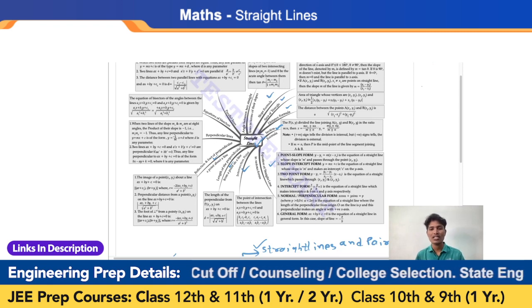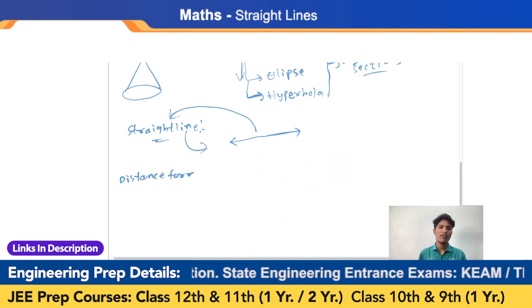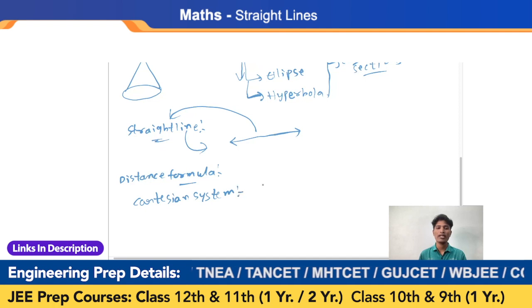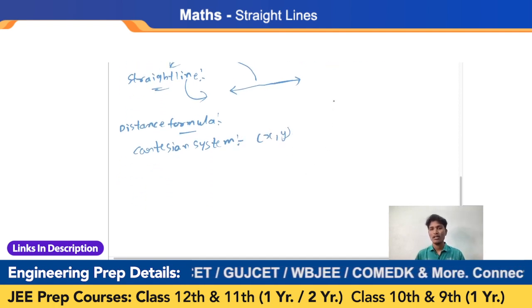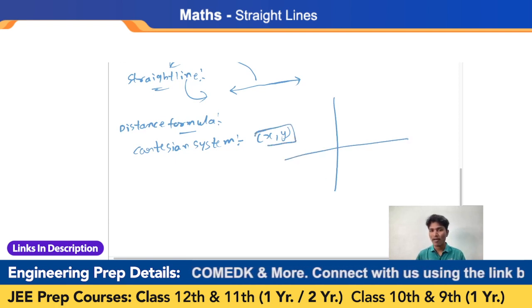First, I will discuss the distance formula. And before the distance formula, I want to discuss what is a Cartesian system. You already know how to represent a point. Suppose x comma y is a point, how to represent it in a graph. This is a graph. Suppose I want to represent x comma y, how can I represent it?